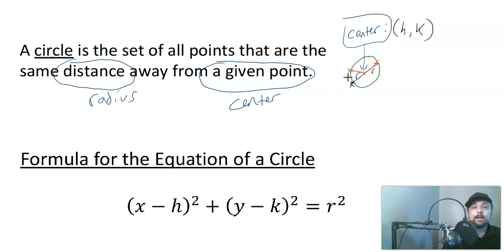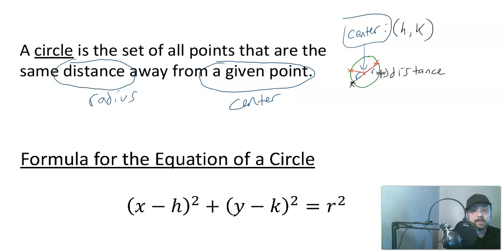And then there's infinitely many points on the circle. There's infinitely many points that are this particular distance away, right? So the radius is the distance. One of the points is h comma k, that's the center. Take any other point on the circle, and because there's so many of them, the x and the y coordinates of those points will vary.